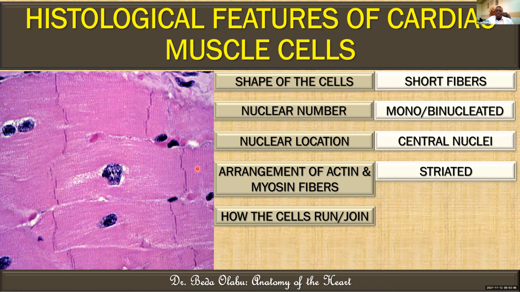The dark bands represent myosin zones, and the light bands represent regions lacking myosin. If you remember the concept of the A band, the dark bands, and I band, the light bands, that arrangement of alternating dark and light bands is what you call striation. Cardiac muscle, just like skeletal muscle, is striated.